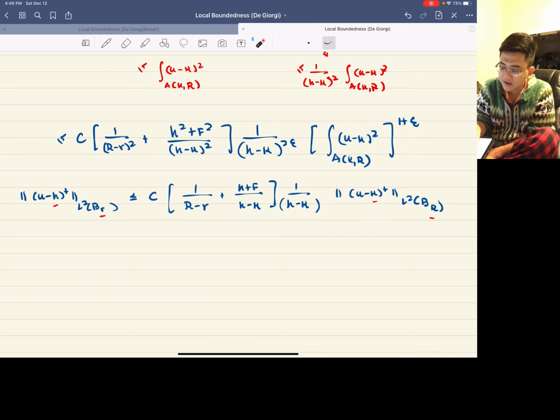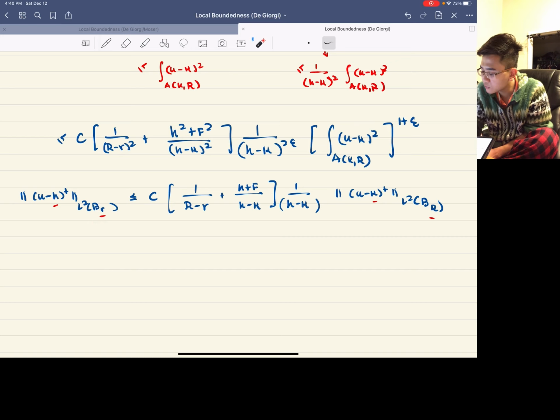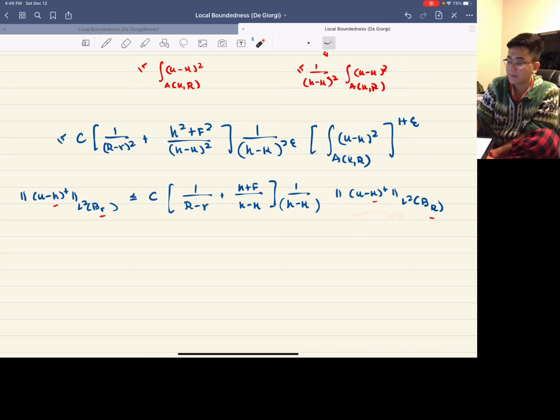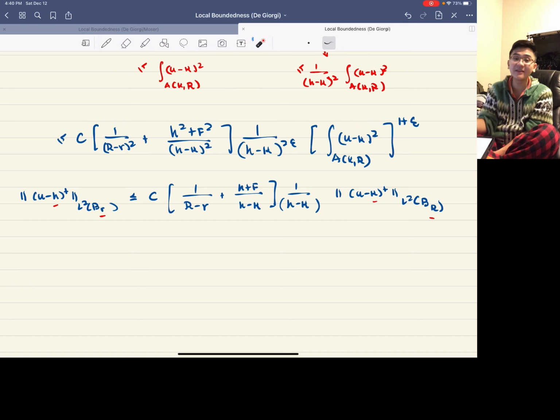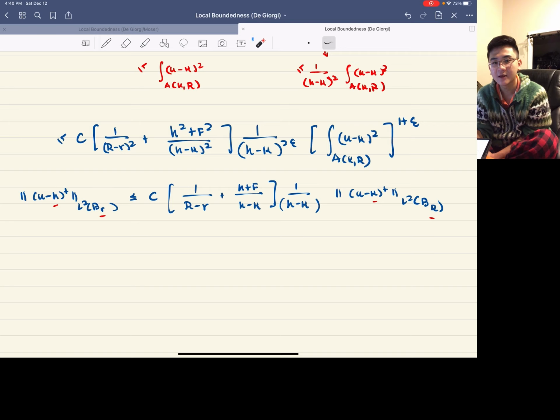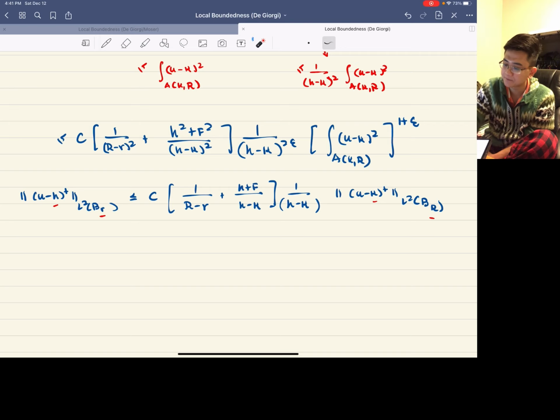Here we're looking at the parts where u is big in a smaller set B_r compared to this, which is over a bigger set, B_R. Okay, so this is the estimate that we work with in order to apply that iteration scheme.